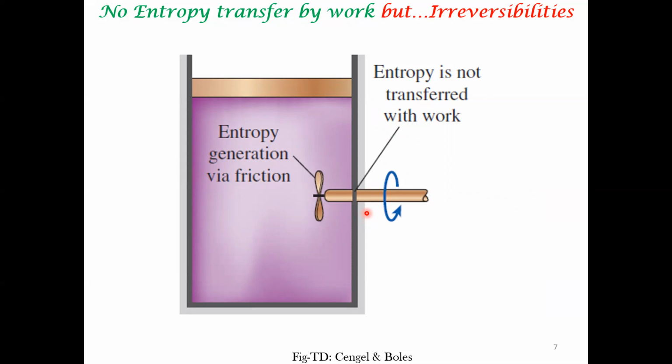Whereas work, we said that work involves raising and lowering of mass. Okay, so here we are thinking about shaft work. So you can raise the mass by rotating a shaft in a particular manner, or lower the mass by rotating the shaft in the opposite manner. Okay.